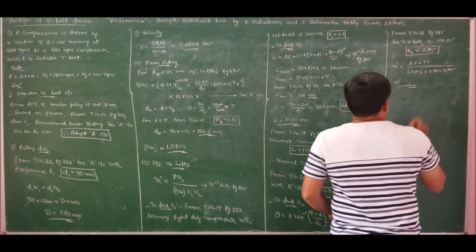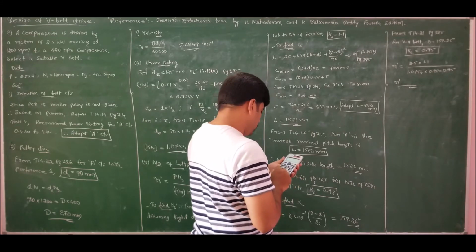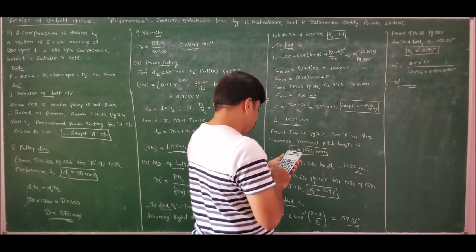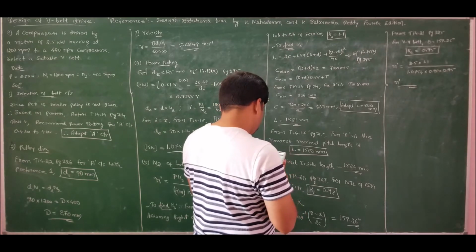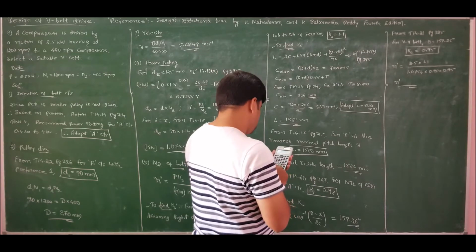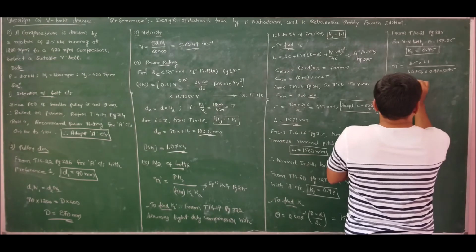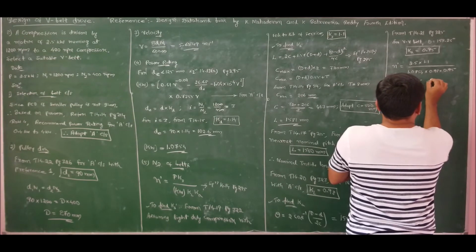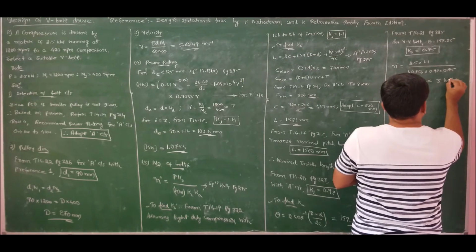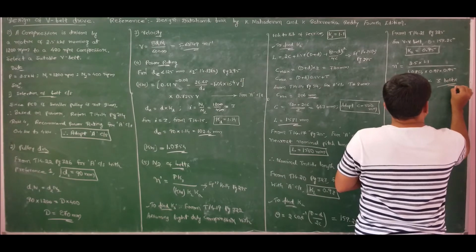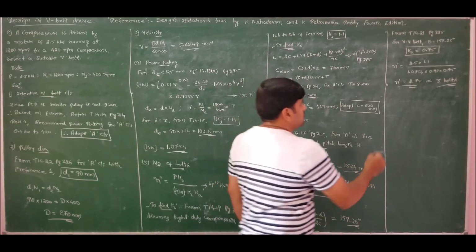So therefore, number of belts for this problem is 2.5 into 1.1 divided by 1.0754 into 0.98 into 0.95, which is 2.75, which is nearly equal to 3 belts. The solution for the problem is we require 3 belts of A cross section for the given power transmission.